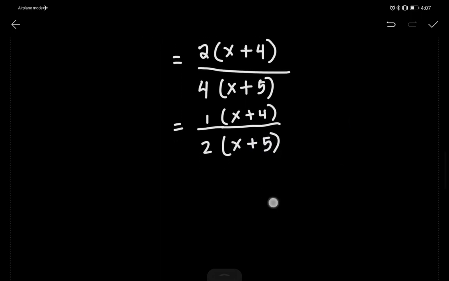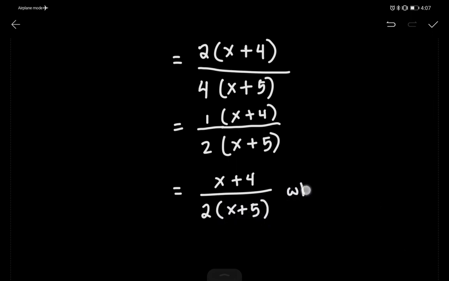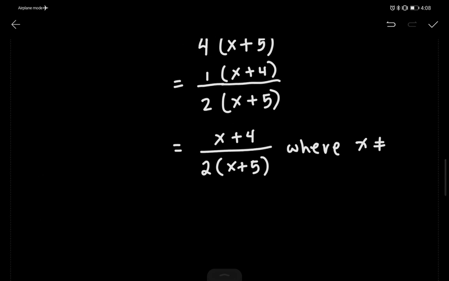Or we can say that this is equal to x plus 4 all over the quantity of x plus 5. So what will be our restriction now? Where the value of our x must not equal what? Okay, so this time let us determine when this denominator will become equal to 0. So when the value of our quantity of x plus 5 will become equal to 0.